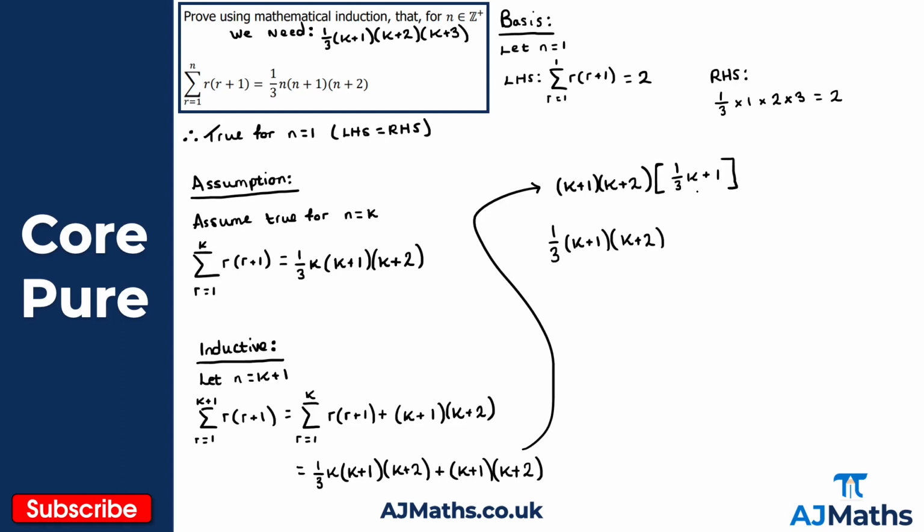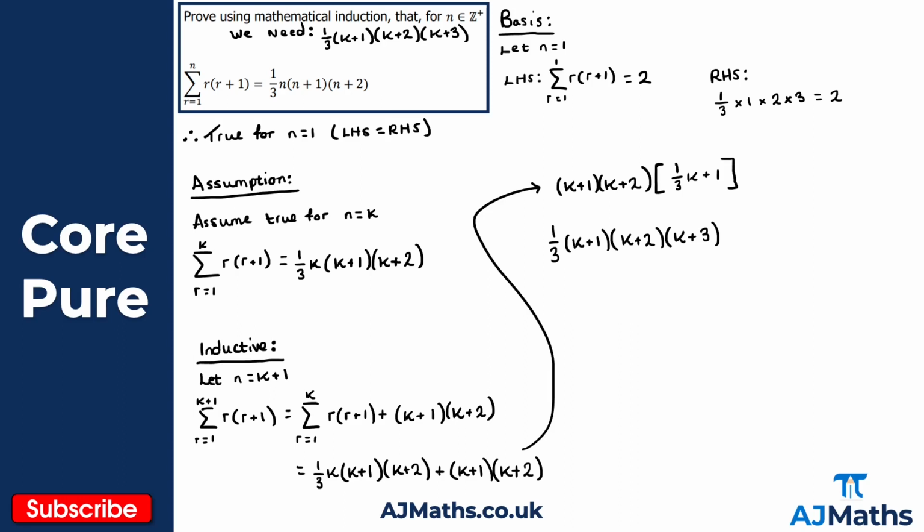And then, like I said, just times everything inside this bracket by 3. So a third k times by 3 would give me k, and then 1 times by 3 would give me plus 3. And notice now we've got exactly what we need: a third k plus 1 times k plus 2 times k plus 3. That's exactly what we've got there. So now the inductive step is complete.